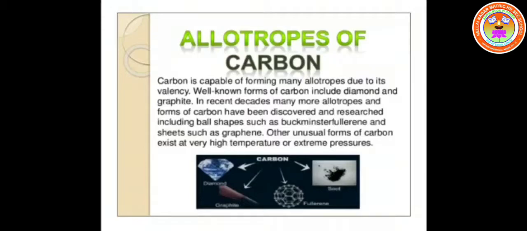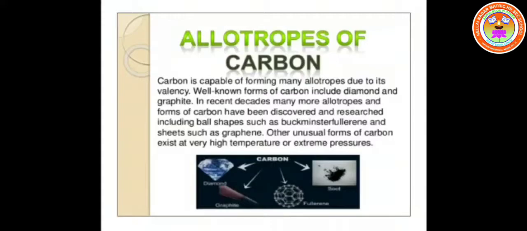Hexagonal units make layers, and one layer of graphite is bound to the other layer by weak van der Waals forces of attraction. So graphite is easily breakable. We can break our pencil leads very easily, no? So graphite is sometimes used as a lubricant because of its slippery nature.